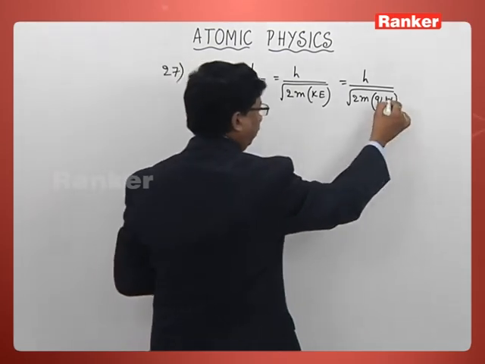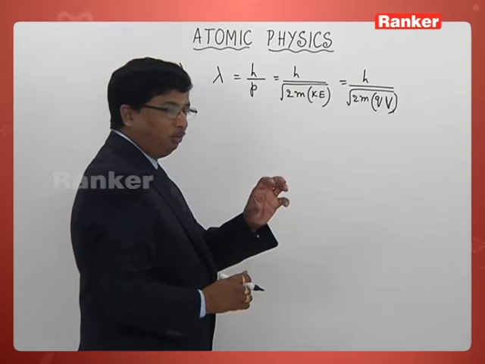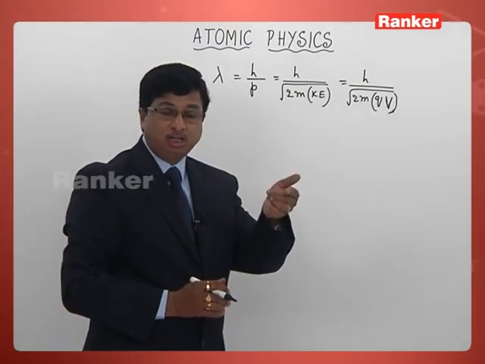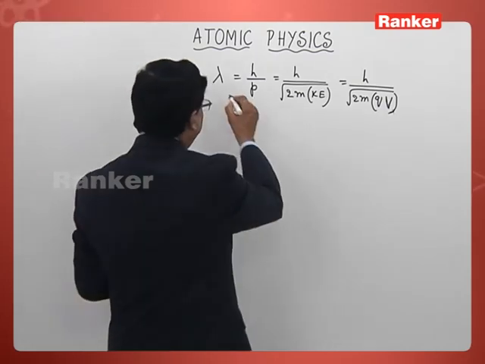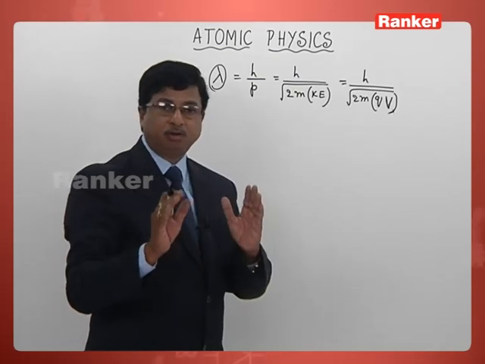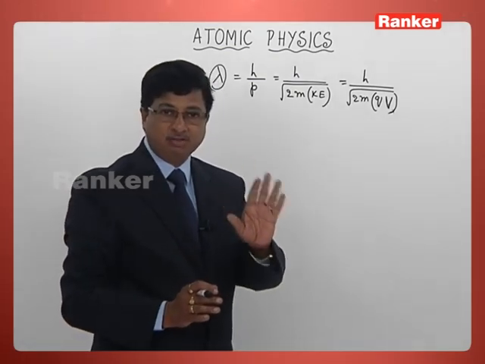Look carefully here, same potential difference he is not asking. He is asking you the potential difference that is required. But what is constant here? Wavelength should be constant for both proton and alpha particle. That is one area you have to first of all understand.